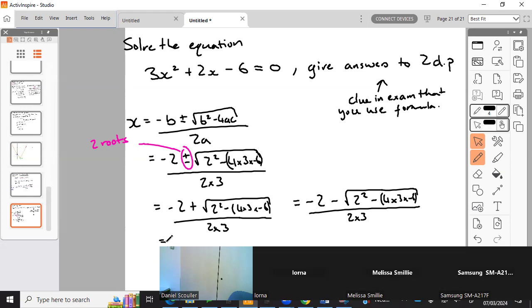See, you're getting a big decimal. Negative 1.12 and negative 1.79.